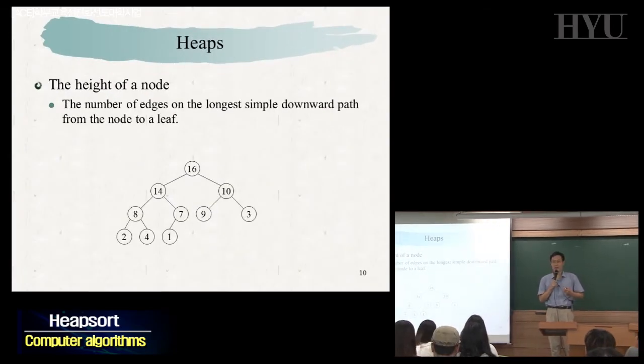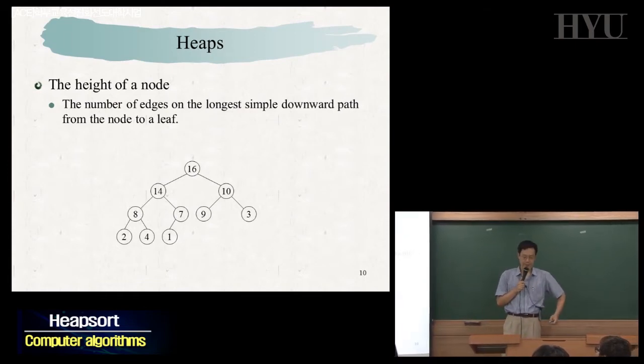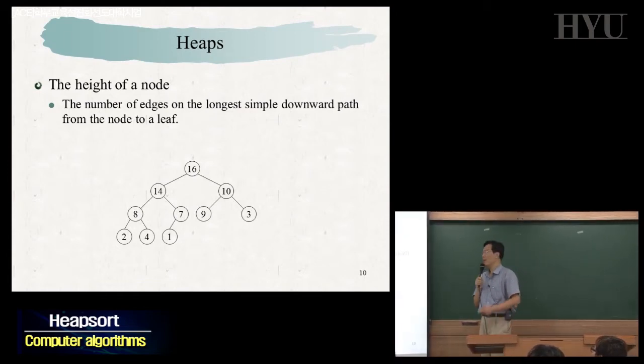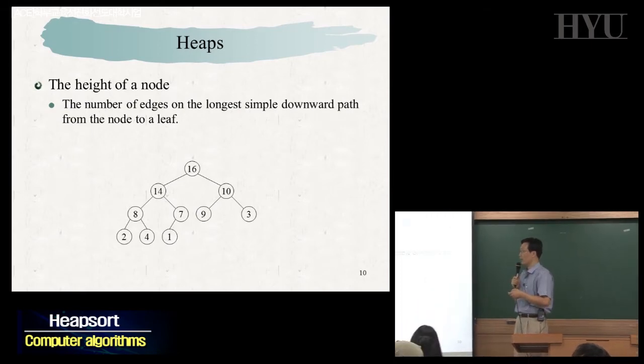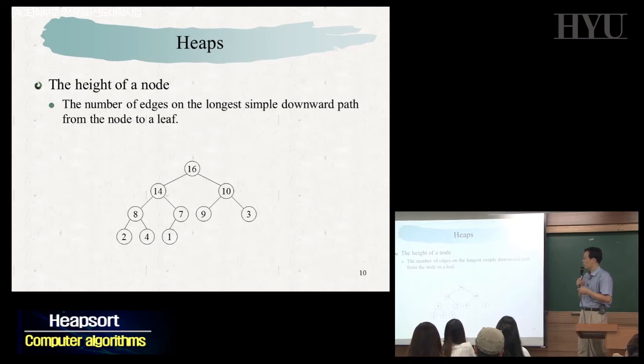Today, I will explain the height of a node. The height of a node is defined like this: the number of edges on the longest simple downward path from the node to a leaf.